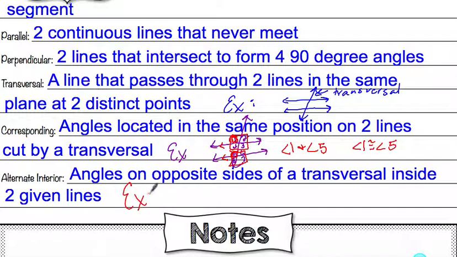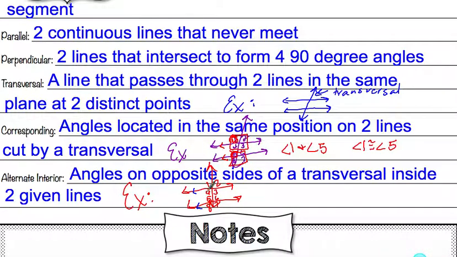Here's an example. We'll draw the same sort of picture we drew above, but we're going to identify different angles this time. So I have angles 1, 2, 3, and 4, 5, 6, 7, and 8. Okay, so let's pretend the two lines are parallel. And then we're looking for inside. Okay, so there's 4 angles inside: 4, 3, 5, and 6.